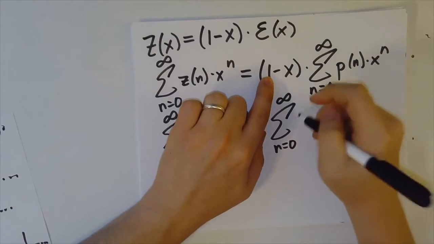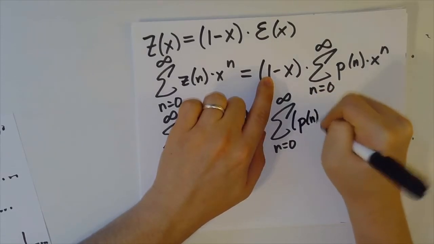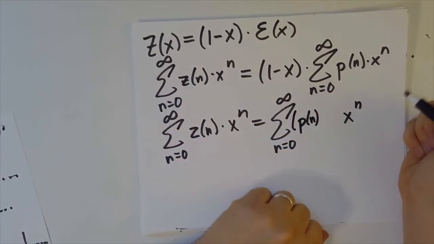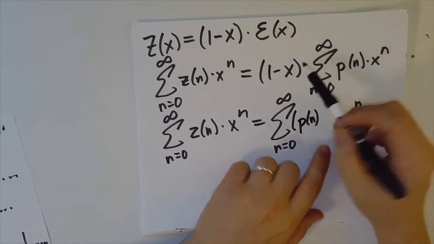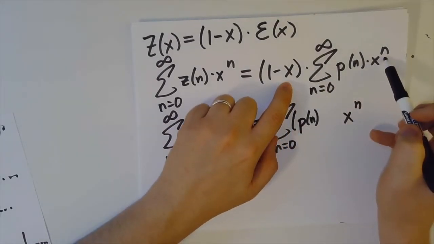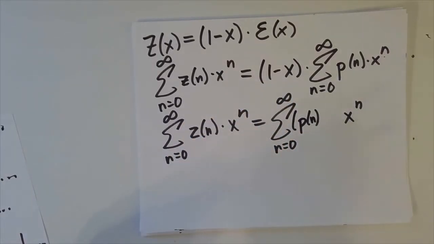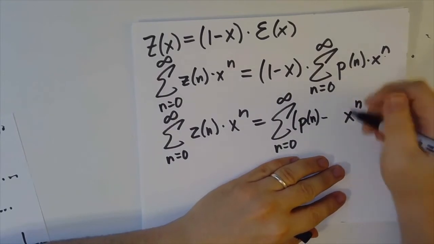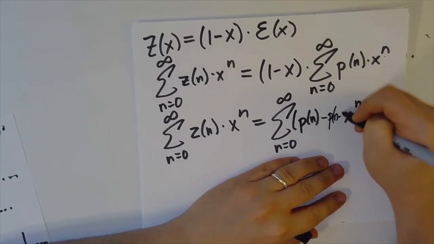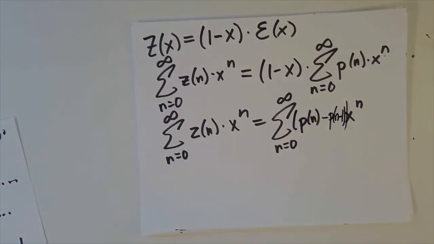So we start here with a p(n). And the other way is to have started with an x to the n minus 1 and then multiplied by an x. So I fear I have not left myself enough room to write this in this big a font. So minus p(n minus 1) times x to the n.